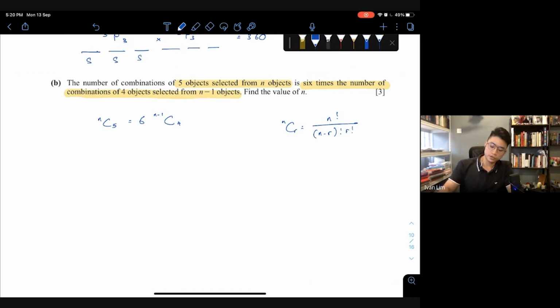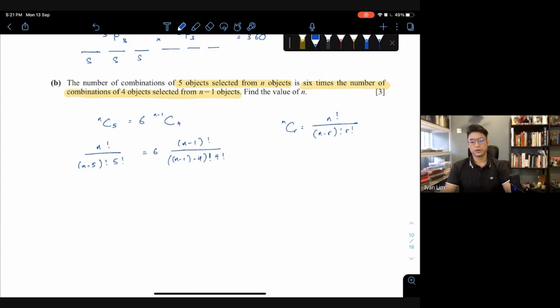So we fit into the formula. It will be n factorial over n minus 5 factorial, 5 factorial, equals 6 times n minus 1 factorial over n minus 1 minus 4 factorial, 4 factorial. Recognize this pattern.